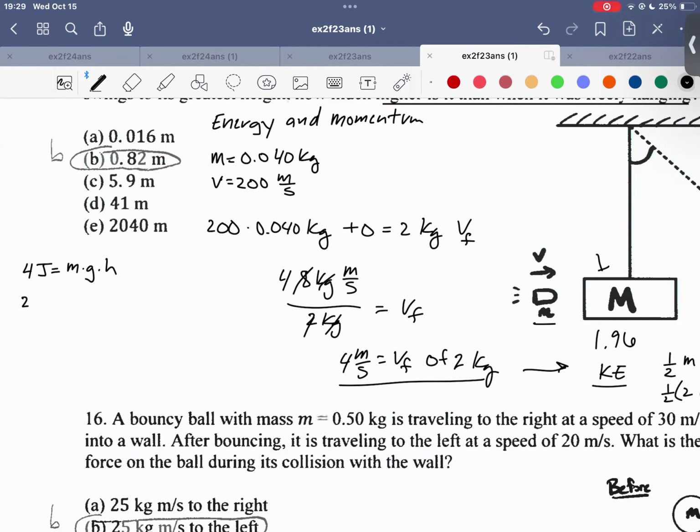So 4 joules, like I said earlier, mass is 2 kg times 9.81 meters per second squared times height. And solving for height, that gives us our answer. 4 divided by 2 divided by 9.